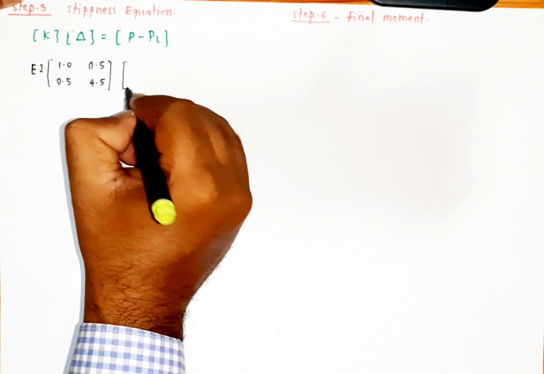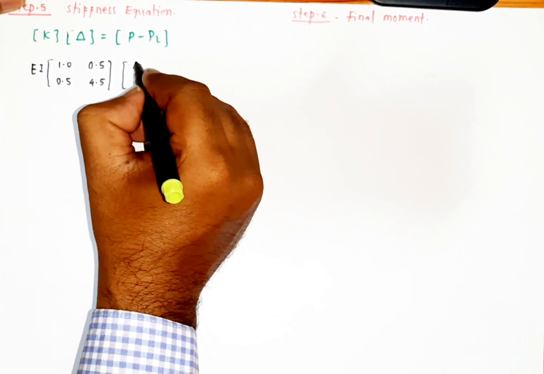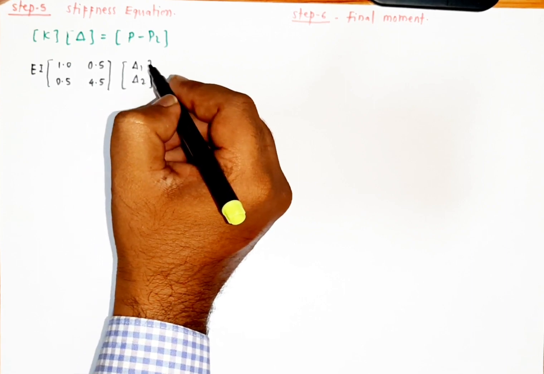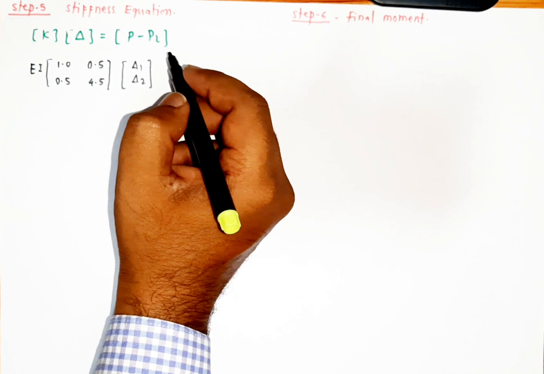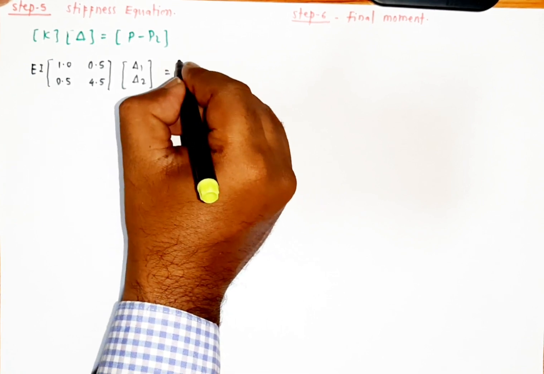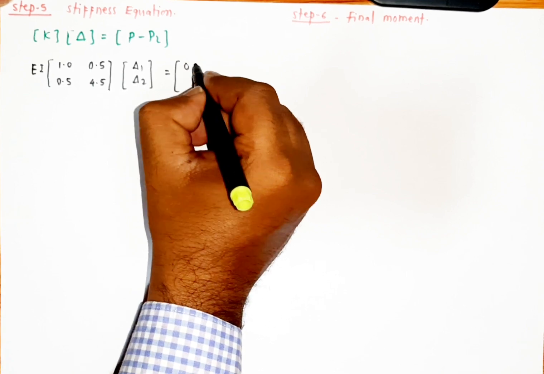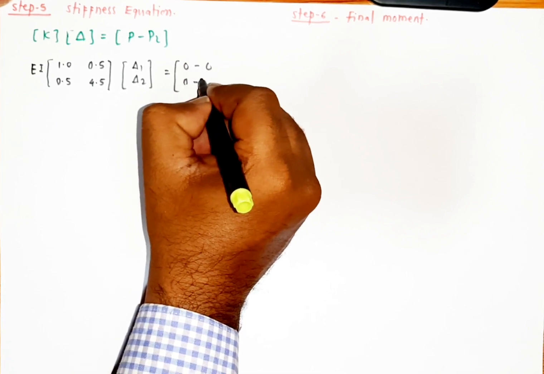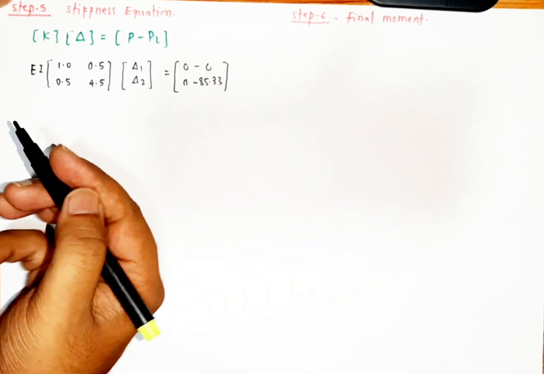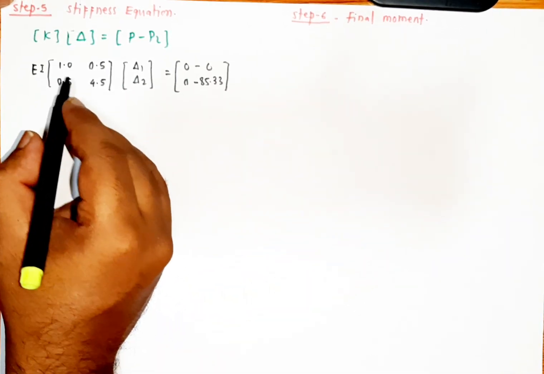Now delta, there are two unknowns, delta 1 and delta 2, out of which delta 1 is at A and delta 2 is at B, that is theta A and theta B. Now next is the P minus PL matrix, that is 0 minus 0, then 0 minus 85.33. Now we have to solve this equation.